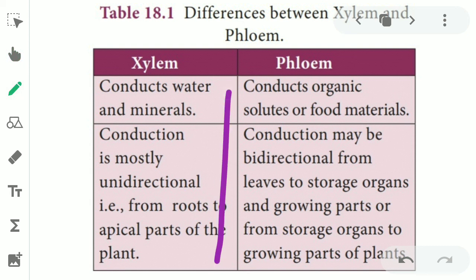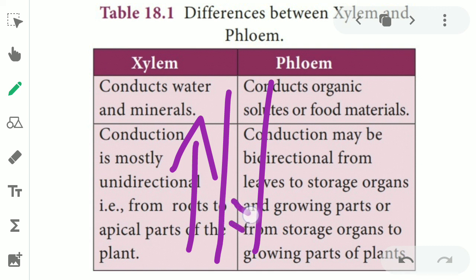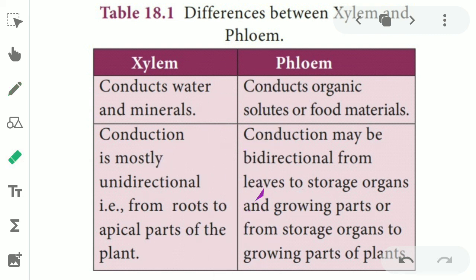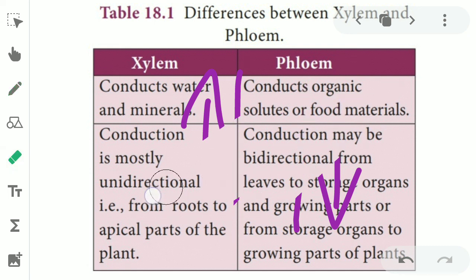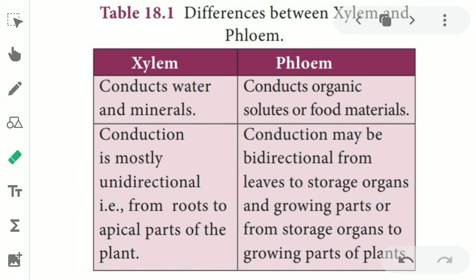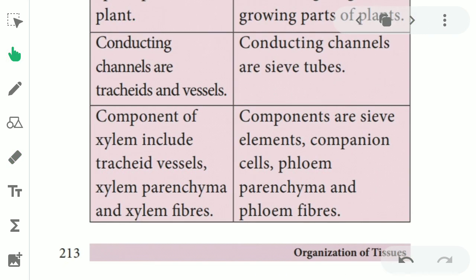Unidirectional means water always goes upward. But phloem is bidirectional, upward and downward, from the storage organ to the growing parts. Conducting channels of xylem are tracheids and vessels. Conducting channels of phloem are sieve tubes.